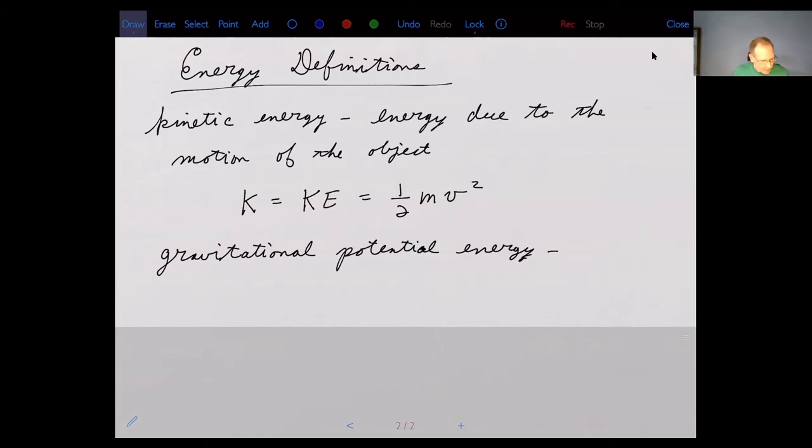However, it's easier to think about this as it being just the energy due to the position of an object in a gravitational field.